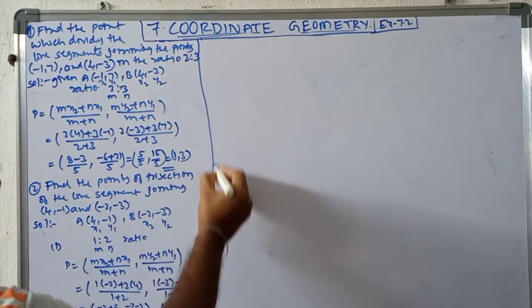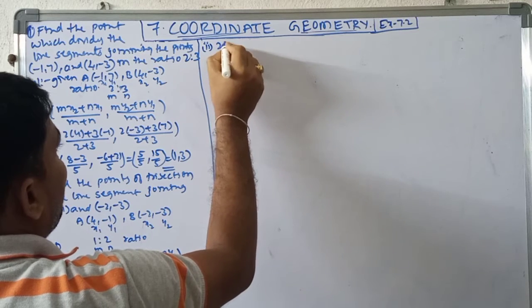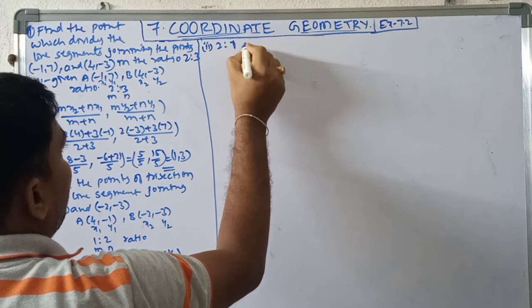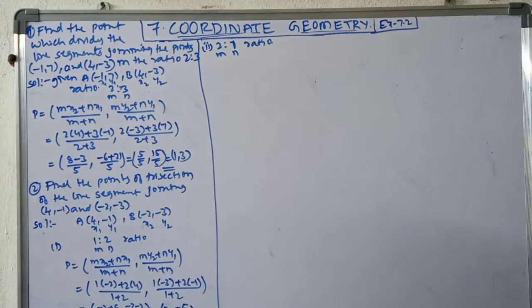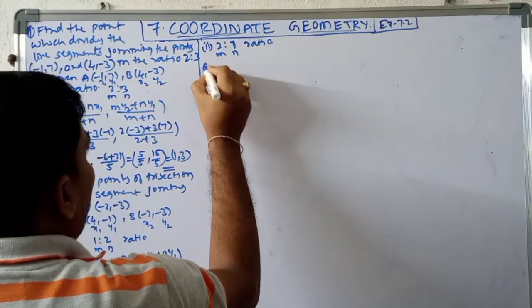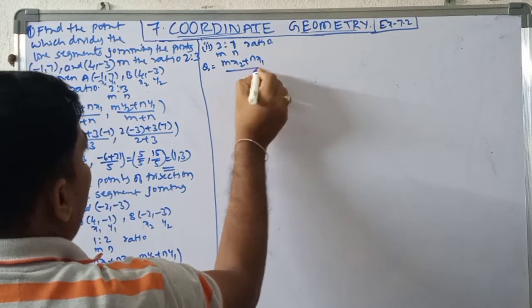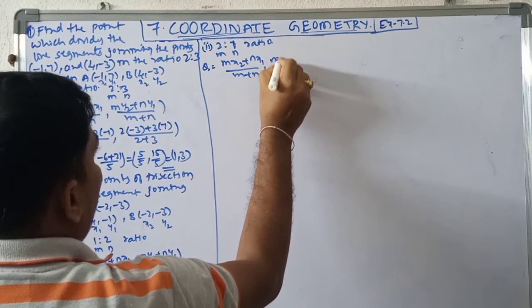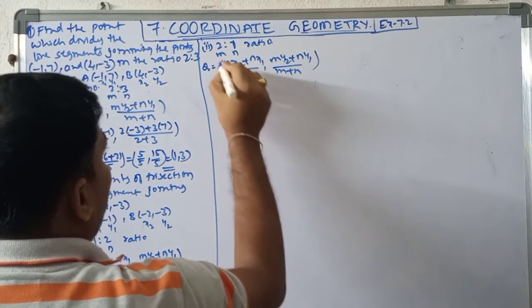Second one, the 2:1 ratio. This is m, this is n. So Q equals, I am taking another point, (mx2 + nx1)/(m + n), (my2 + ny1)/(m + n).